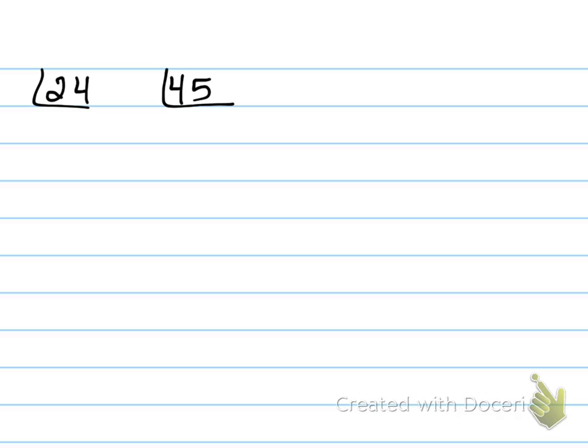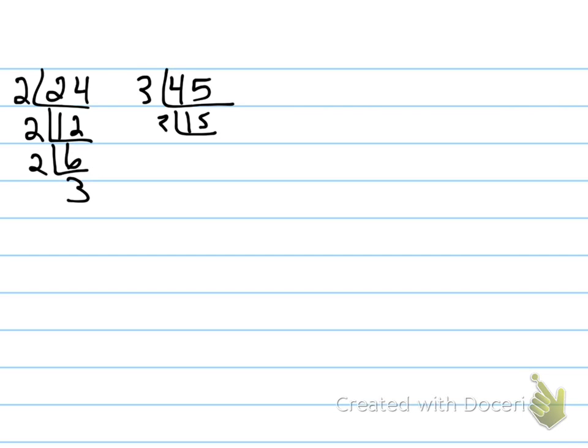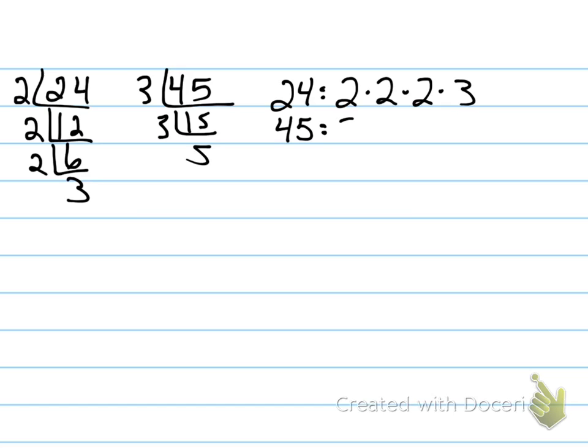You don't necessarily have to write this part in your notes, but I do want you to list off the prime factors. So I'm going to do this kind of quickly. Okay, so list off the prime factors. For 24, it's going to be 3 2s and a 3. And for 45, it's going to be 2 3s and a 5.